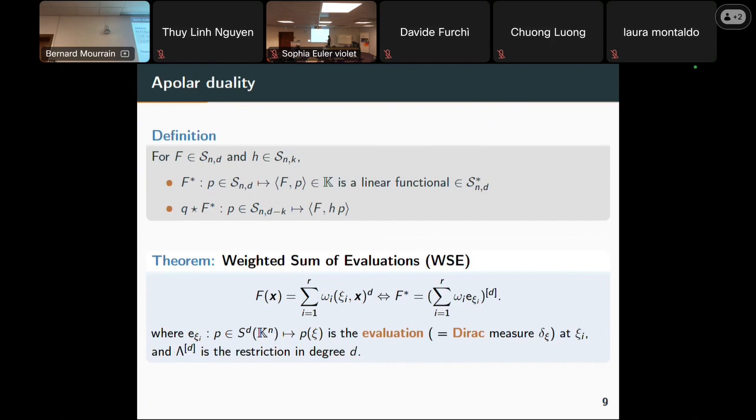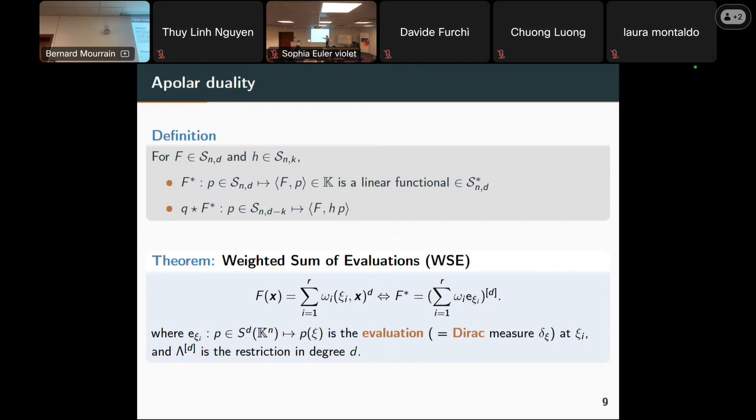Okay, and so with this language, when we have a form represented as a weighted sum of omega_i times (xi_i . x) to the power d, this power of linear forms, if you remember, acts as the evaluation at the point.